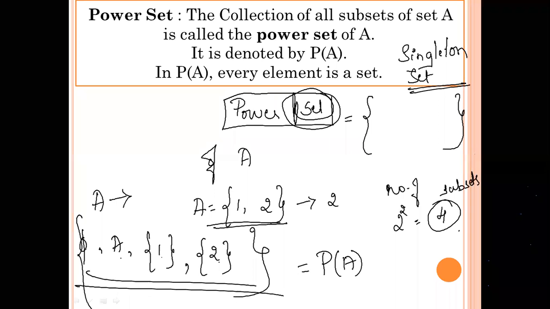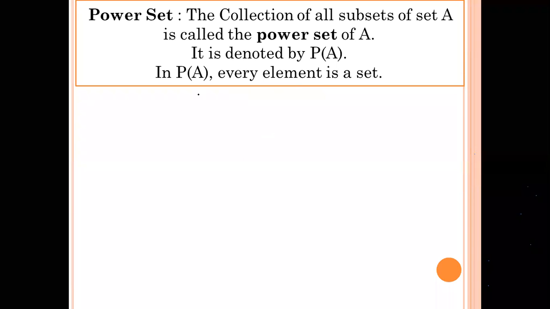Those who have confusion, I will explain with one more example. Suppose A has 3 elements, a, b, c. How many subsets are possible? Check properly.